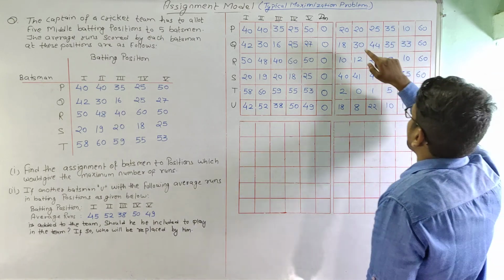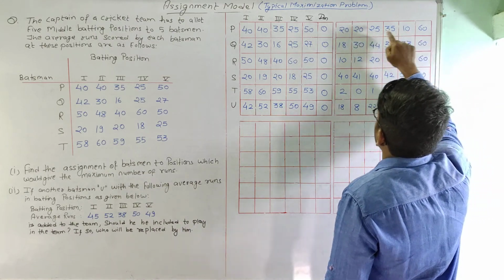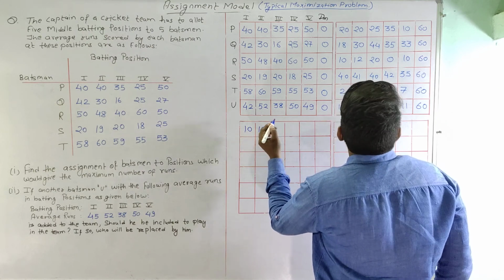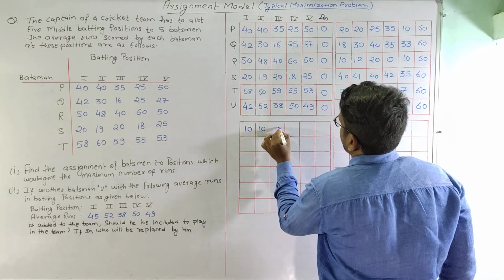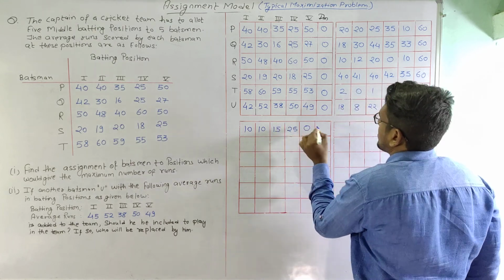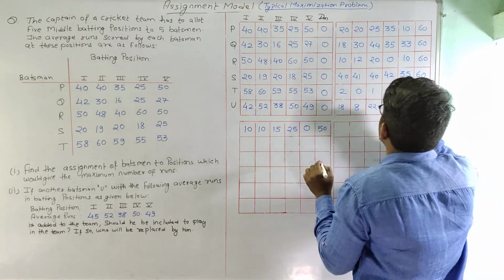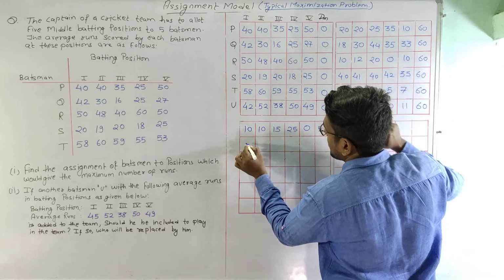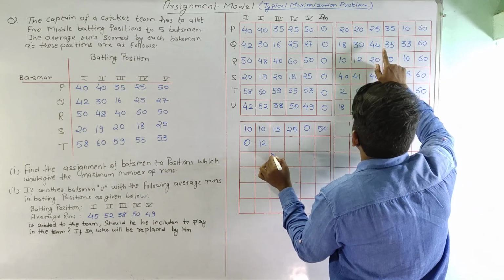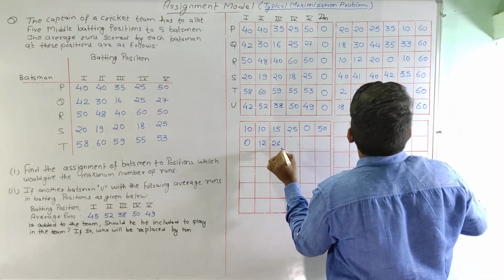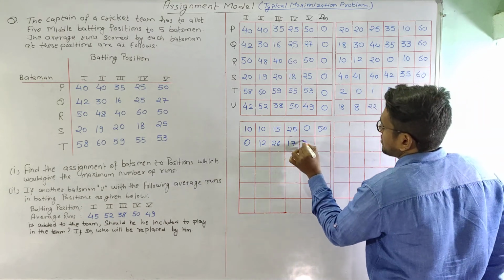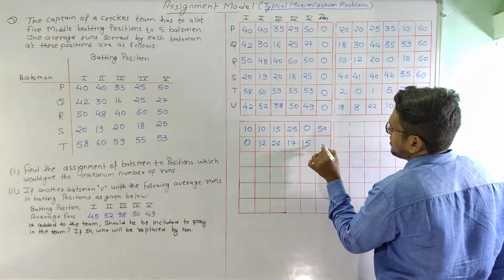For row 1 the minimum value is 10, so 20 minus 10 is 10, 20 minus 10 is 10, 25 minus 10 is 15, 35 minus 10 is 25, 10 minus 10 is 0, 60 minus 10 is 50. In row 2 the minimum value is 18, so 18 minus 18 is 0, 30 minus 18 is 12, 44 minus 18 is 26, 35 minus 18 is 17, 33 minus 18 is 15, and 60 minus 18 is 42.